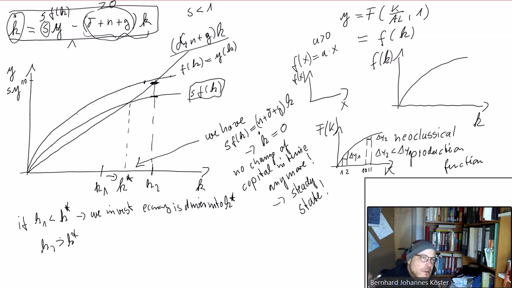And this means, due to the time development, k dot is negative. This part is larger than this part. And so we start to de-invest. So also in this case, we are driven into the steady state.